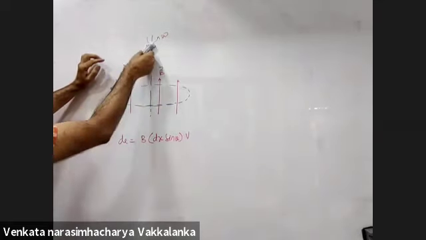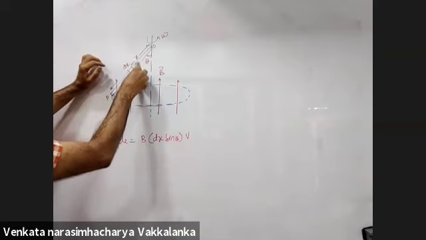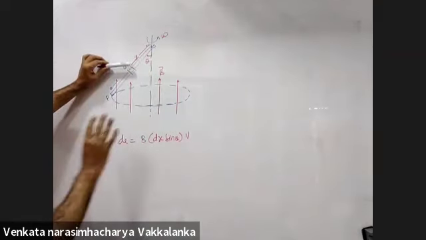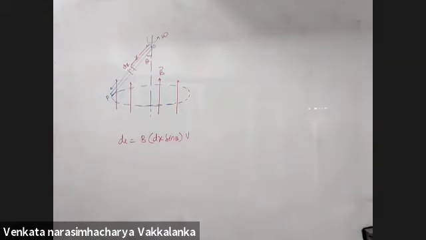If you took an element dx along x, dx cos theta will be anti-parallel to B, not even parallel. And dx sine theta will be perpendicular to B. Are you convinced? Yes, sir. Right?